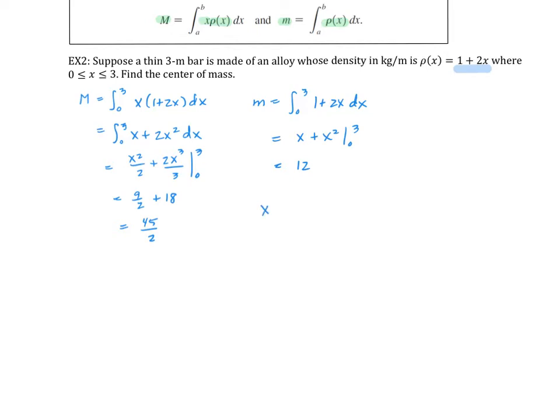When I figure out my x bar, my center of mass, it's going to be the 45 over 2 divided by 12. So my center of mass is 15 over 8, which you could write as a decimal as well. Does that make sense? 15 over 8 is close to 2. So that would be closer to the value of 3 and further away from the 0. So yes, this answer makes sense to me.